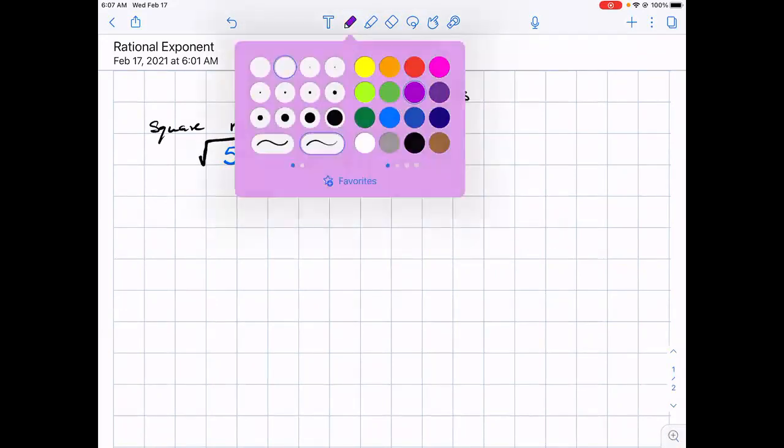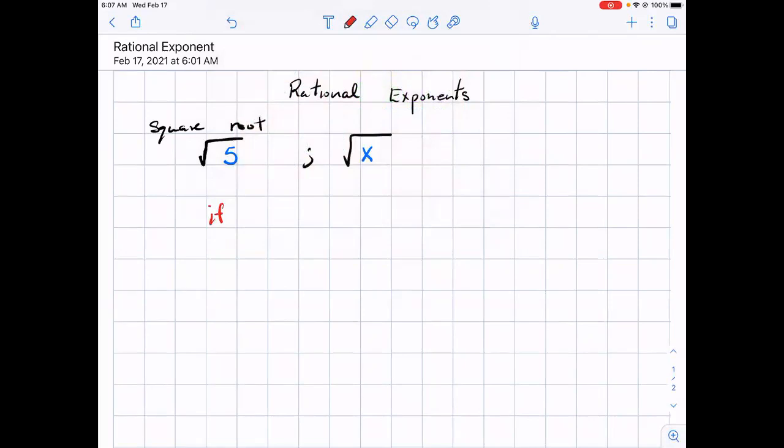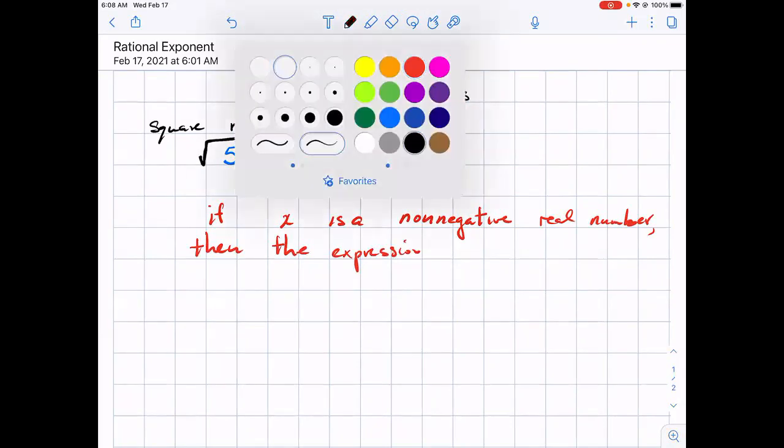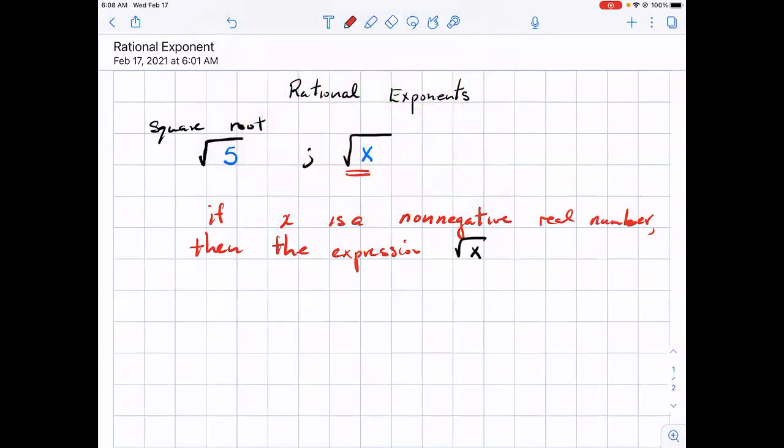Now if x here, in this example, is a non-negative real number, then the expression square root of x is called the positive square root of x.